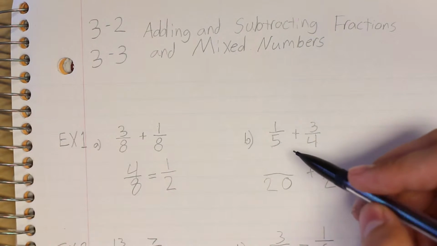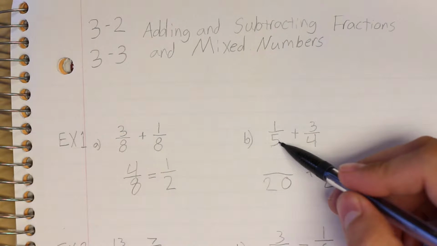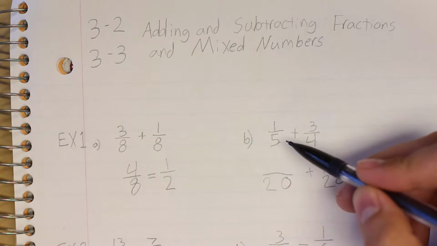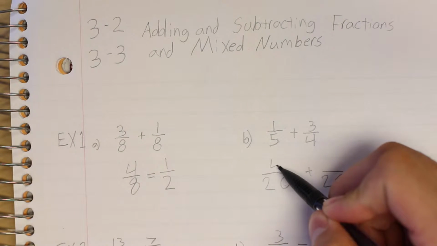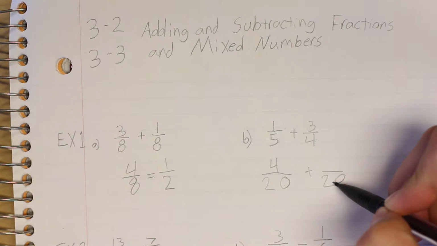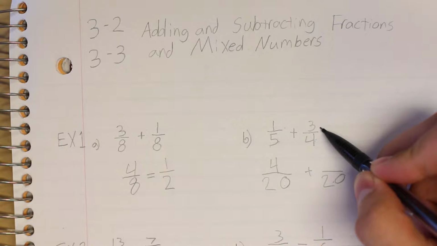You ask yourself, what did I multiply 5 by to get 20? Well, I multiplied it by 4. So you do the same to the top. So 1 times 4 is 4. What did I multiply 4 by to get 20? 5. Multiply the top by 5.